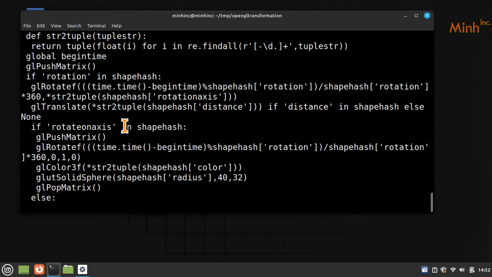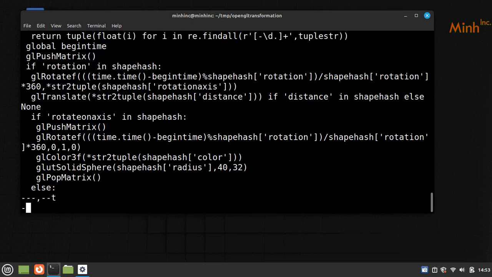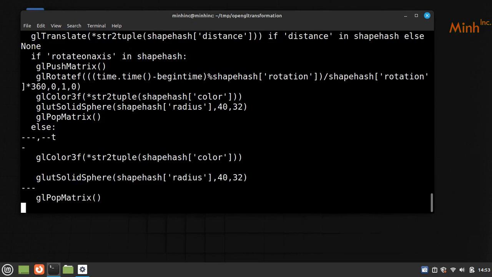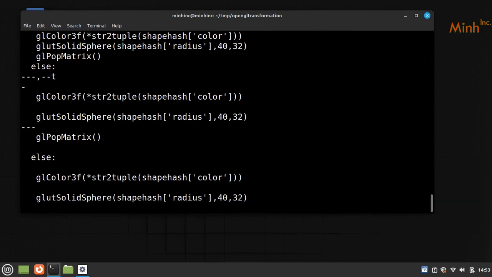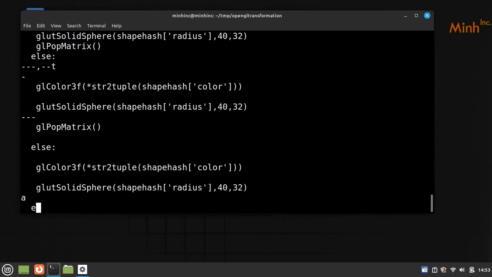Otherwise, just draw it. Okay, so I think we can copy paste. So color and radius and 42. It's a pretty simple code.